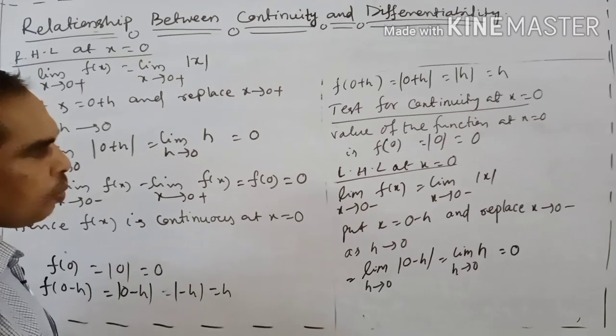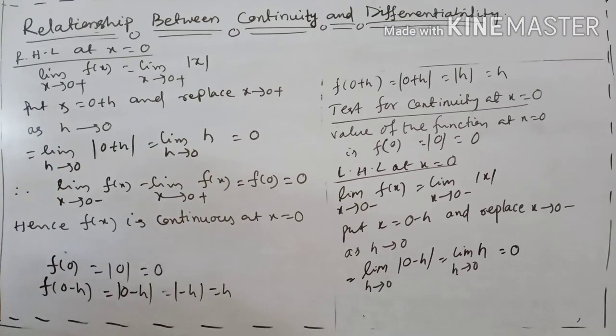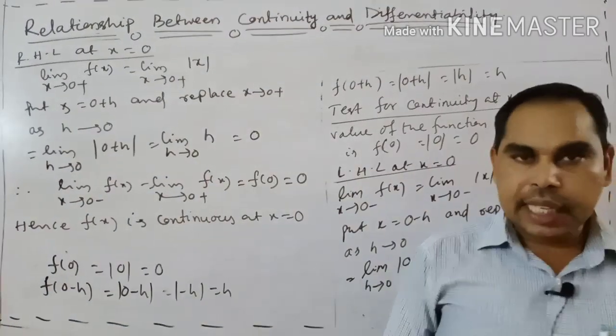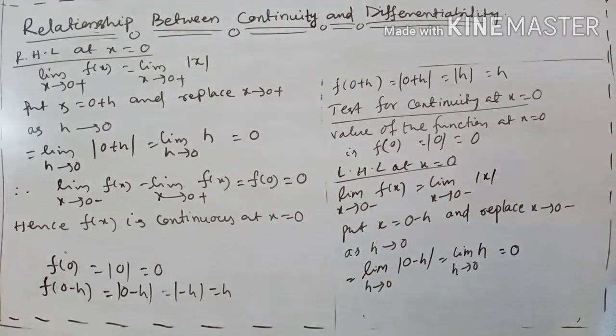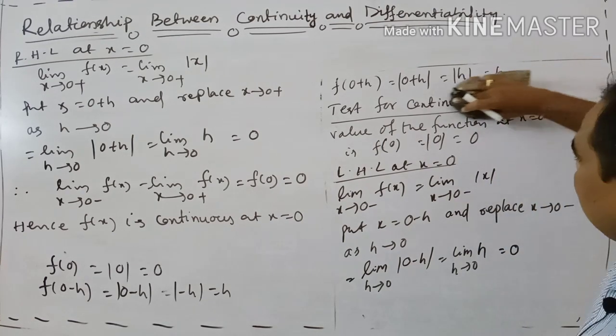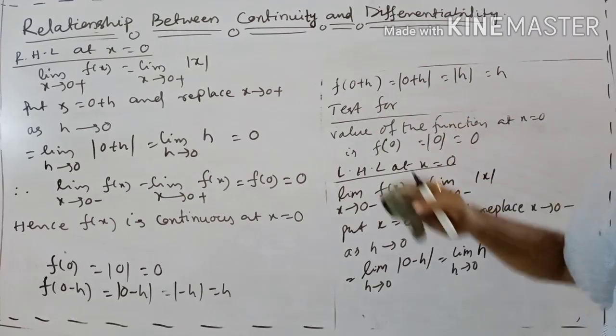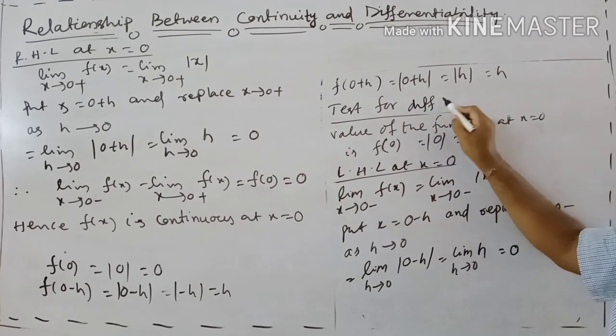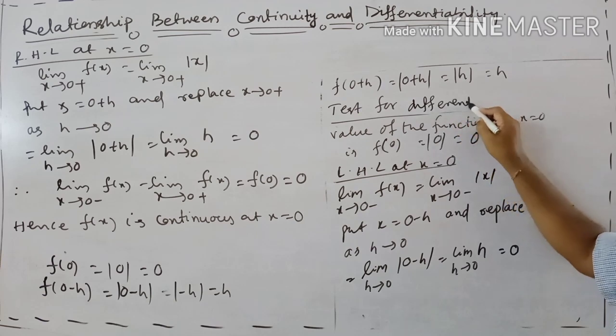Now test for differentiability at x is equal to 0. The function is continuous, so now we test differentiability at x is equal to 0.